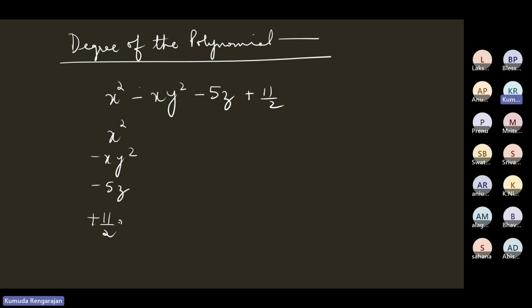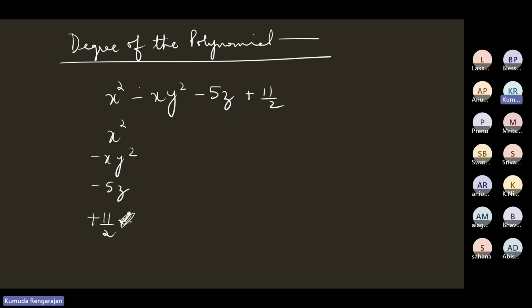Now there are many variables, but you can choose anything because you want the power. You can write x to the power 0, y to the power 0, z to the power 0. Anyways, it's going to be 0, so it doesn't matter really.